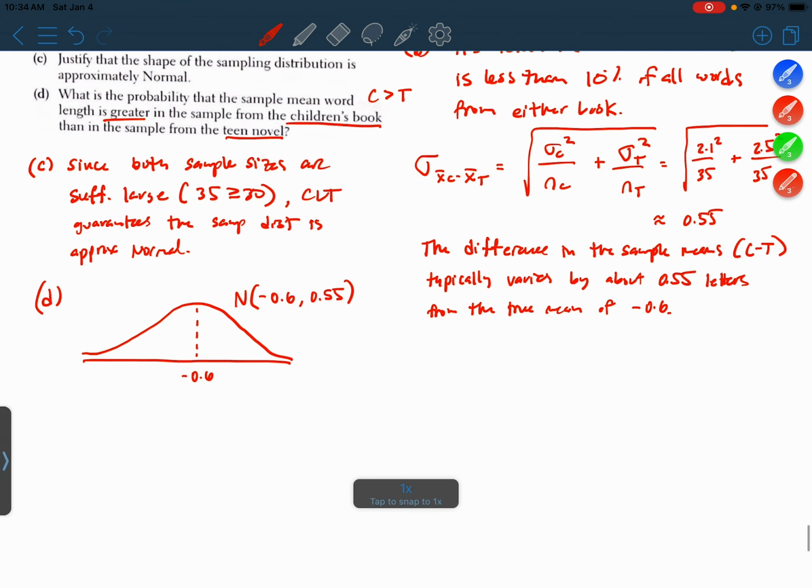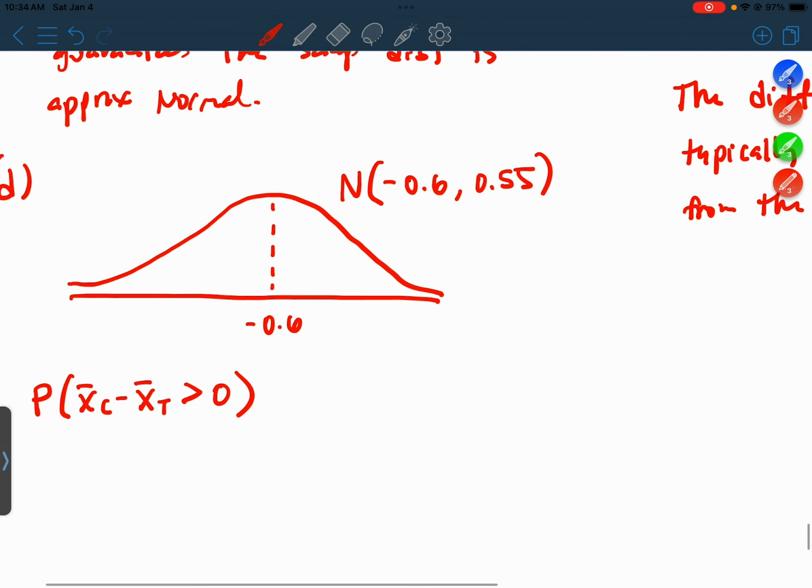Okay. So really, part D, if we write it in notation, we want to find the probability that x bar c minus x bar t is greater than 0. All right, now 0 is our boundary value. And because the mean is negative 0.6, then 0 would be somewhere over here in the right tail, and we're looking for values greater than 0. I'm going to shade that right tail.